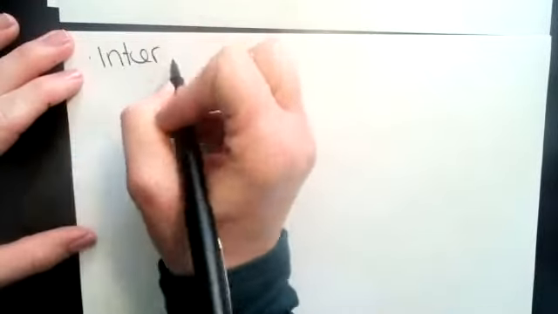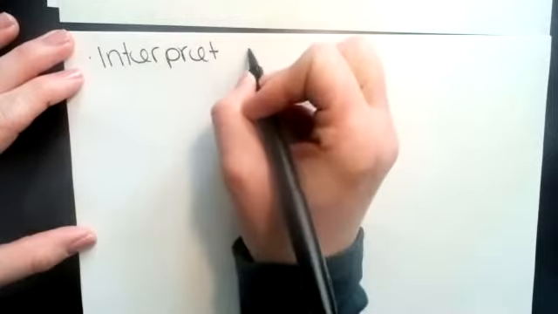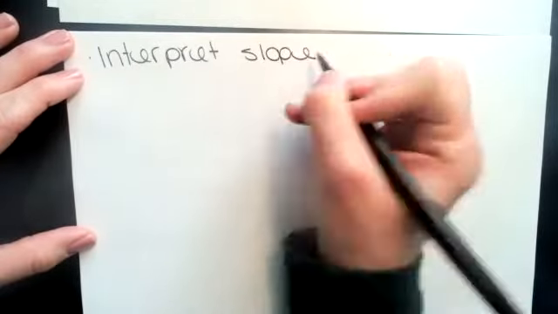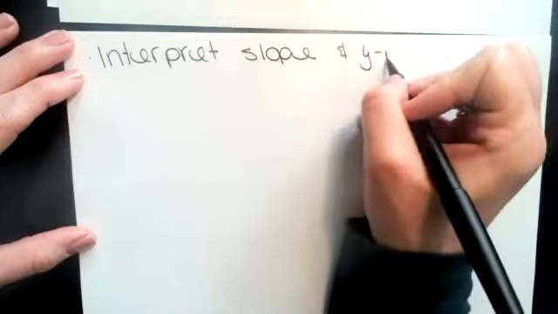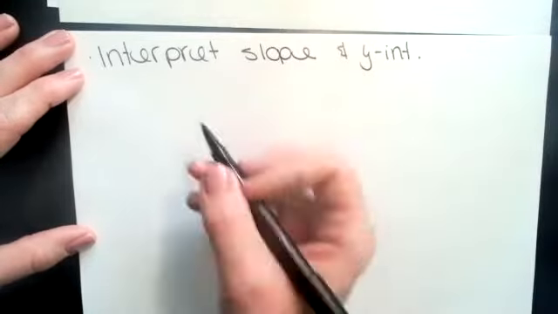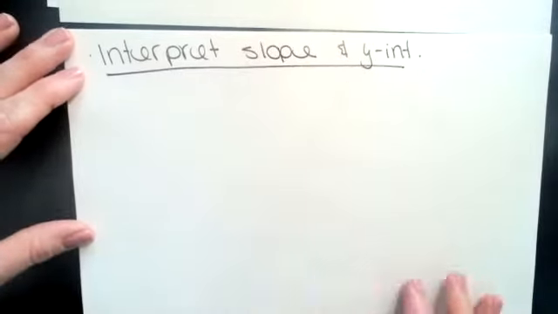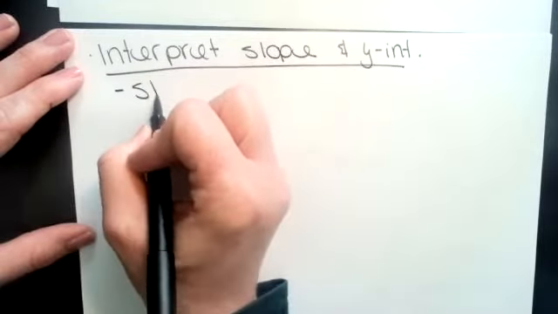We're going to use our technology to get the equation of this line for us, and we're just going to know how to describe and interpret this equation. The first thing we're going to do is interpret the slope of the line, and we'll talk about interpreting the y-intercept of the line. These are two different things. We'll start with the slope.